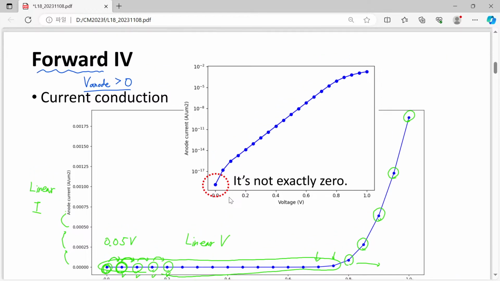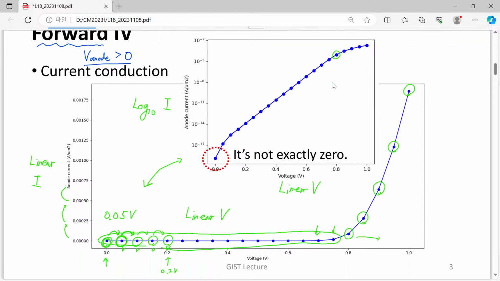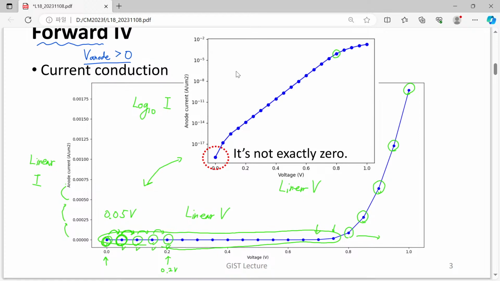However, another one also frequently used is like this. Take the log 10 of our current, and still we have linear voltage. Although we have the same data, now you can understand that below 0.8 in the linear scale, all of them were considered quite close to zero, but you can now see that even in these cases there are large differences in this range.